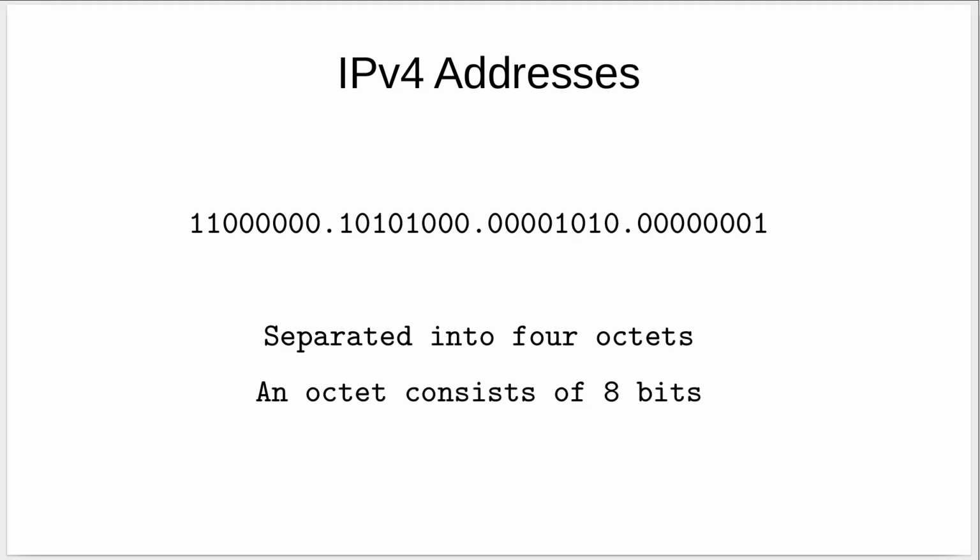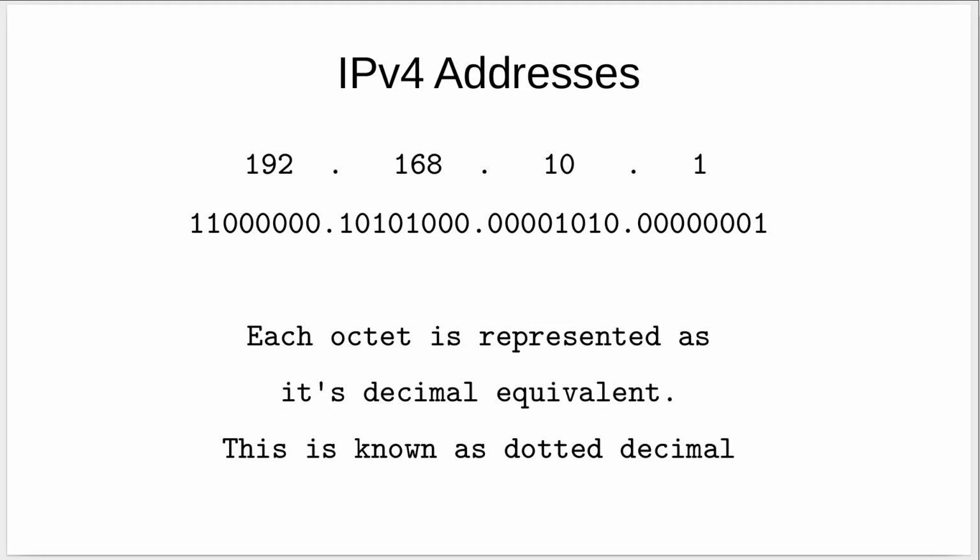Okay, the first thing we need to do is break down the 32 bits into 4 8-bit octets. Now, in programming or computer science, you probably call 8 bits a byte, but in networking it's generally referred to as an octet. So all we've done is simply broken the 32-bit string into 4 8-bit octets, and then we convert those octets into the decimal equivalents.